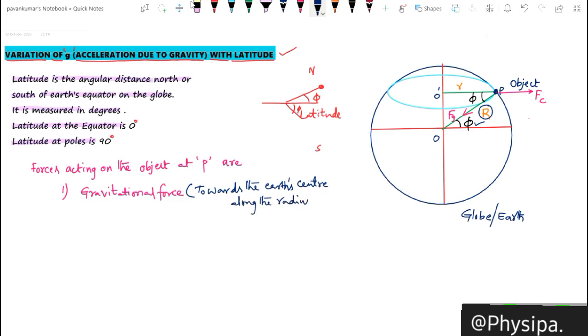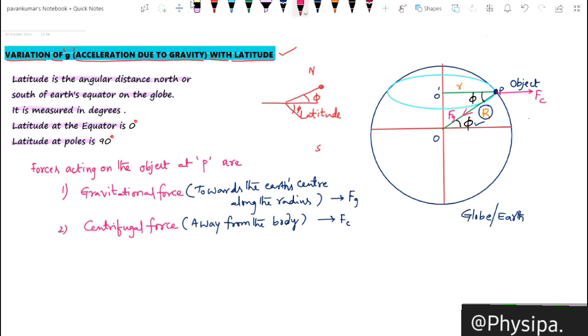It is denoted by Fg. And the second one is the centrifugal force, which is acting away from the body, denoted by Fc.